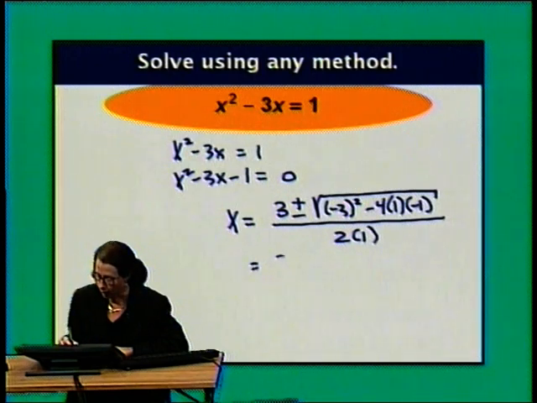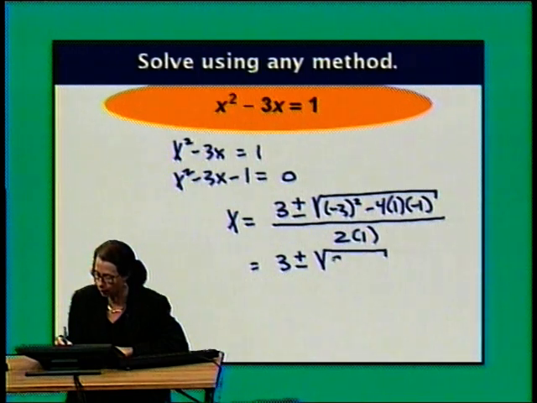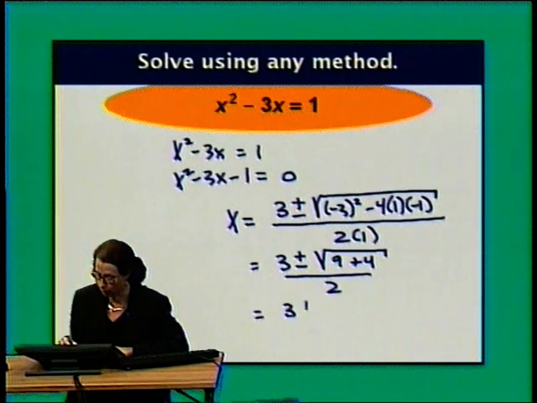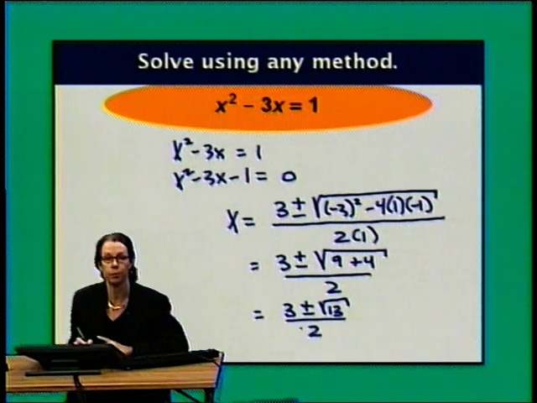Simplifying, I have 3 plus or minus the square root of 9 plus 4 all over 2. So this is 3 plus or minus the square root of 13 over 2.